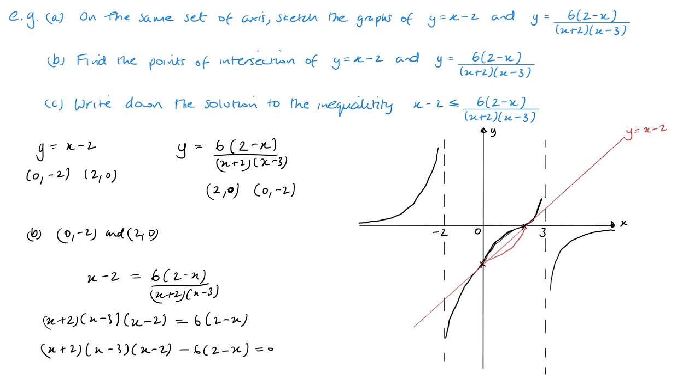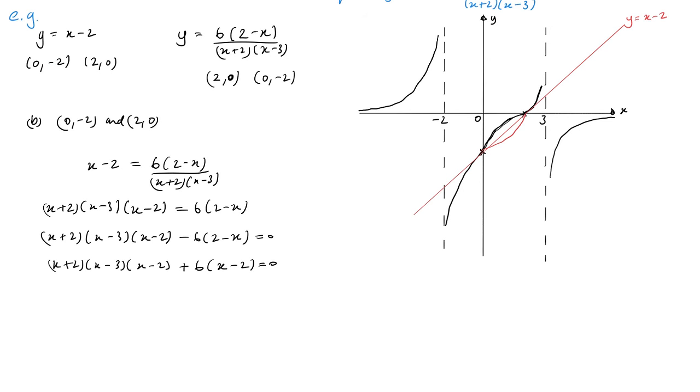So what I can do is change this to a plus 6, and then this is an x minus 2. And then I can factorize. So I'll take the x minus 2 out, and then I've got x plus 2, x minus 3, plus 6.